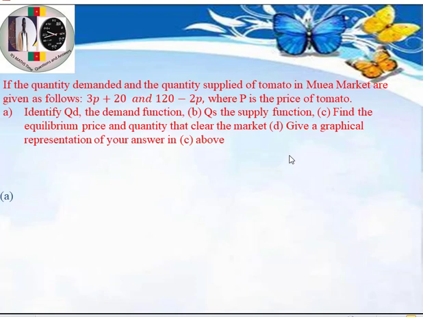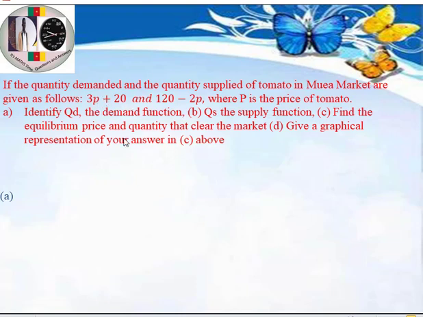We know already from basic knowledge of economics, and from the day-to-day practice in our lives, that when price increases, the quantity demanded decreases, and when price increases, more suppliers will want to produce more goods in order to make more profit. So to indicate a decrease in demand, we use a negative sign, and to indicate an increase in supply, we use a positive sign.